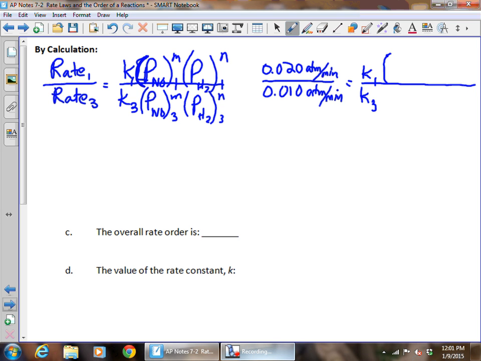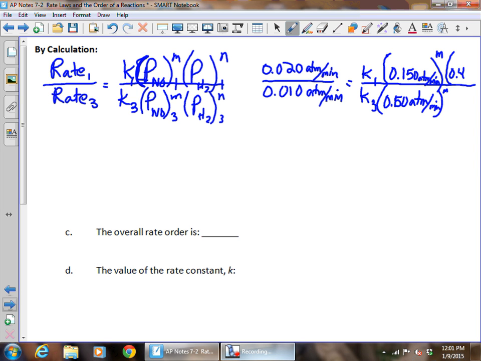Our pressure of NO for rate 1 was 0.15 atmospheres per minute, and the same thing for rate 3, experiment 3. Kind of running out of room here, but hopefully I can get this to fit on here. For experiment 1, it was 0.4.